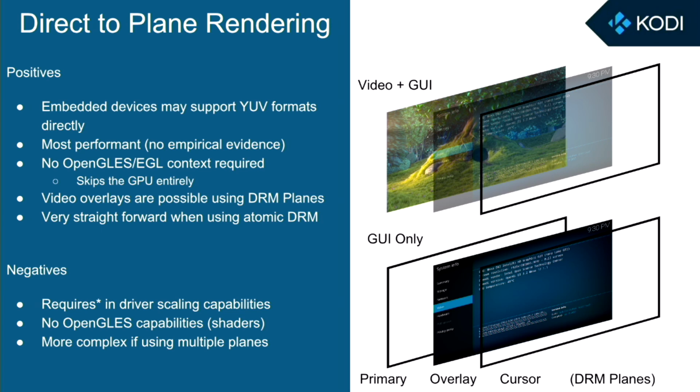So yeah, this is just an overview of how it looks. With your DRM planes, some devices will have specialized planes that are able to handle YUV formats, and then there are some that may be RGB only. So you have to watch out for that with your app. In Kodi, we typically run the GUI completely on overlay planes, but as long as a plane can handle RGB formats, it's fine.